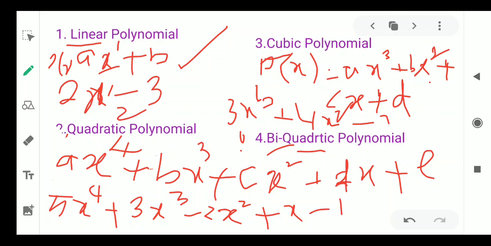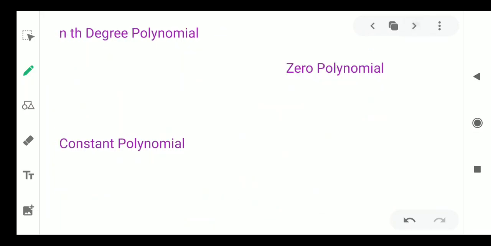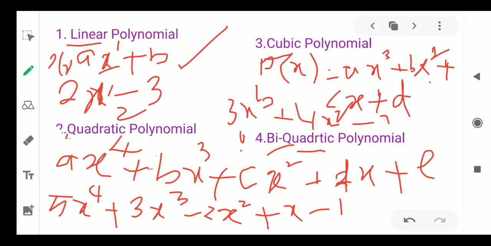The exponent indicates the type of polynomial. I hope these four types of polynomials are very important, and still three more polynomials are there. Up to degree 4 only we have particular names for polynomials.